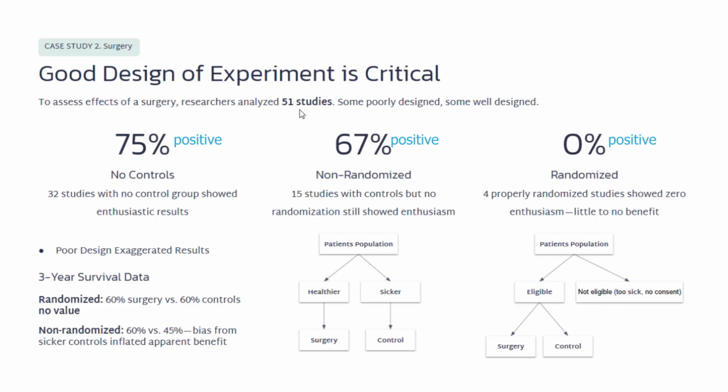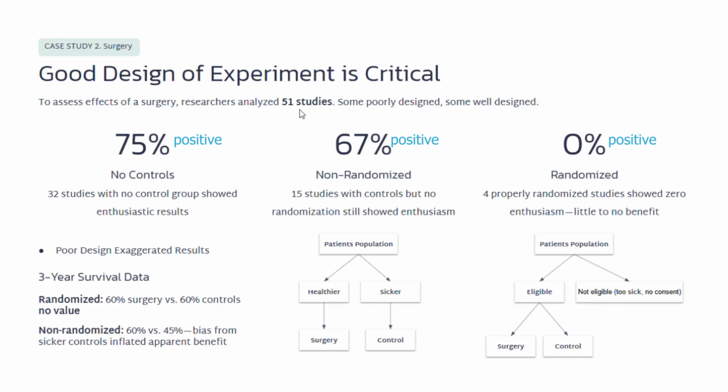But when you look at the poorly designed studies, which were either uncontrolled or controlled but poorly controlled, including bias, those poorly designed studies actually exaggerated the value of the surgery.